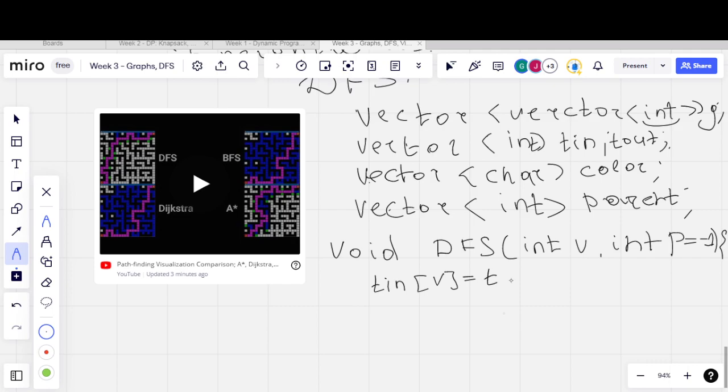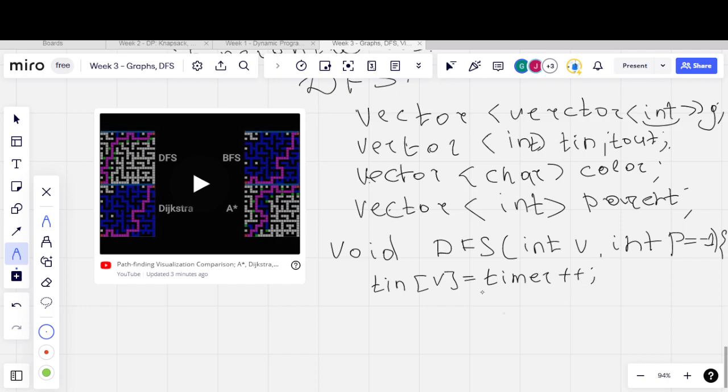When we just start to visit our vertex, we create a timer.